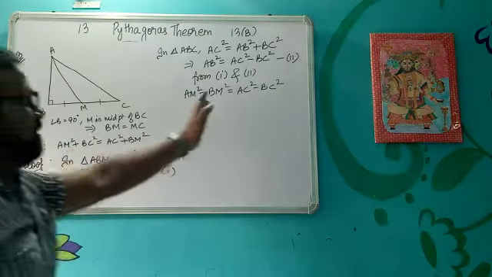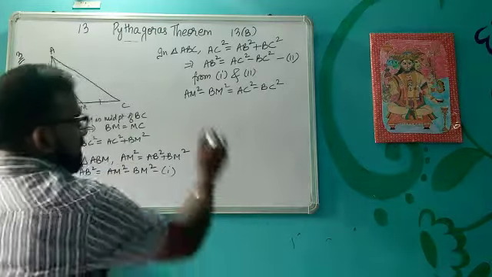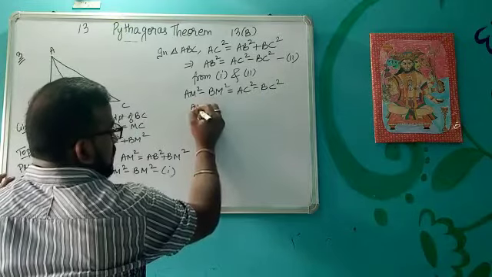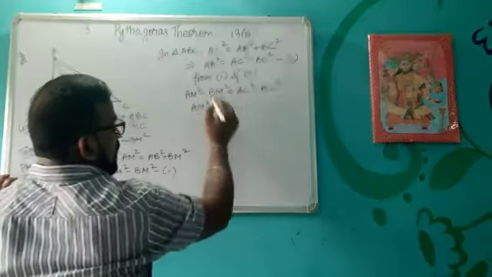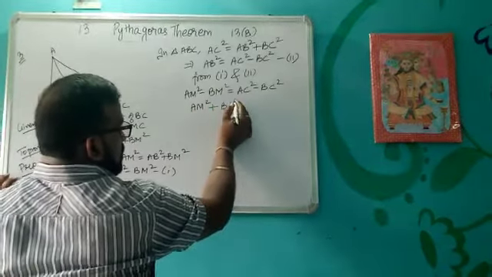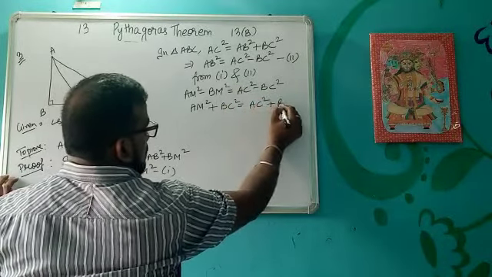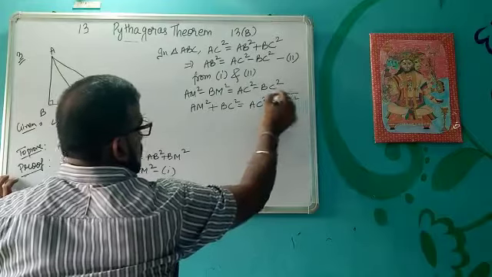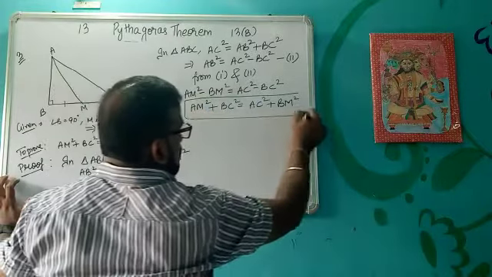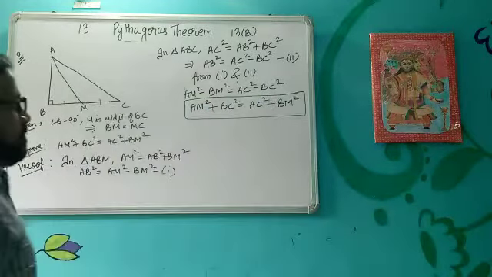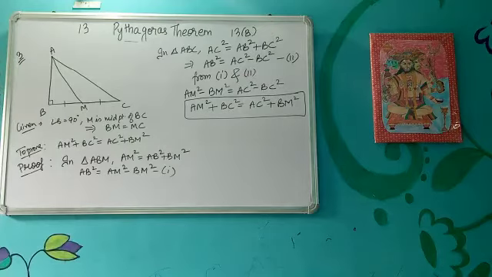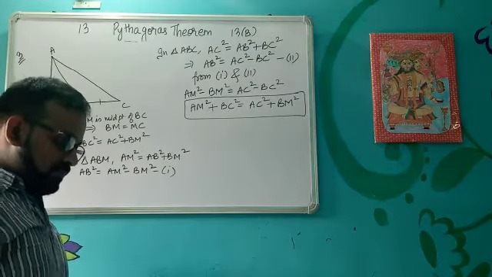So we will shuffle these values to other sides. So it becomes AM square plus BC square, BM square will go there, equals AC square plus BM square. Okay, like this you can prove.